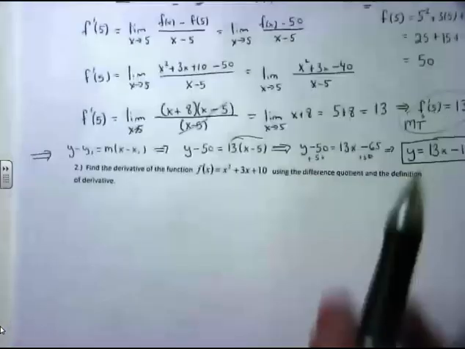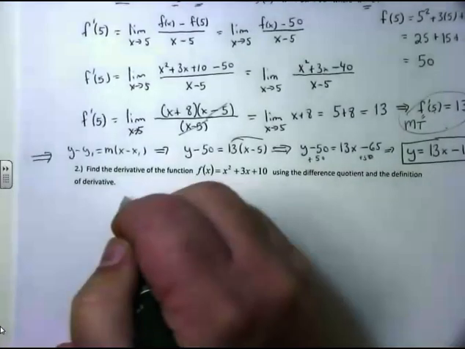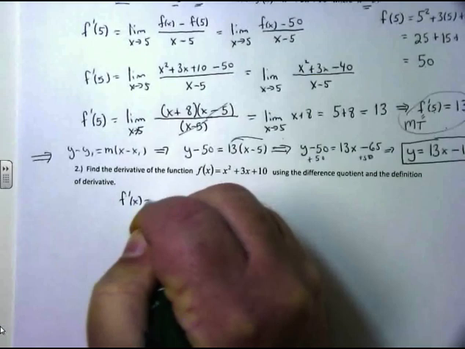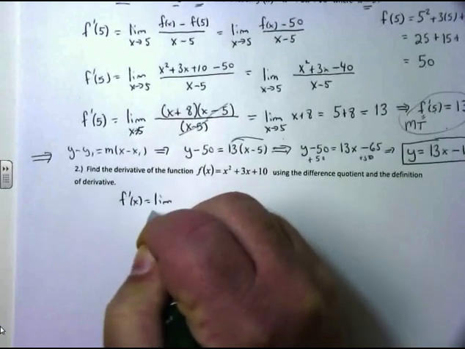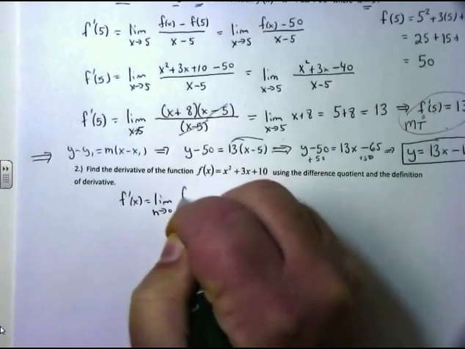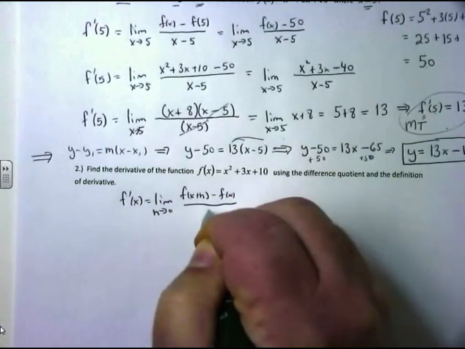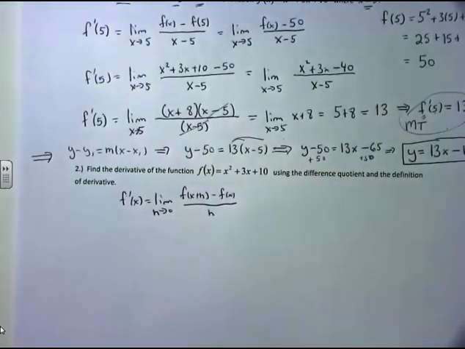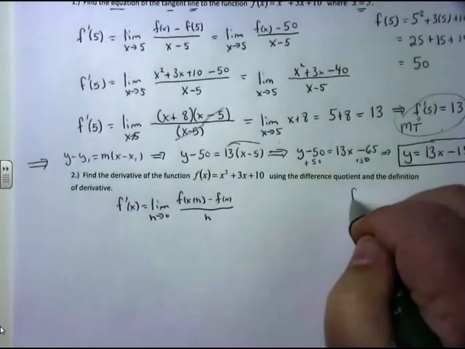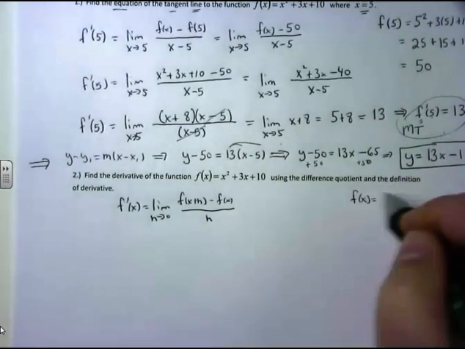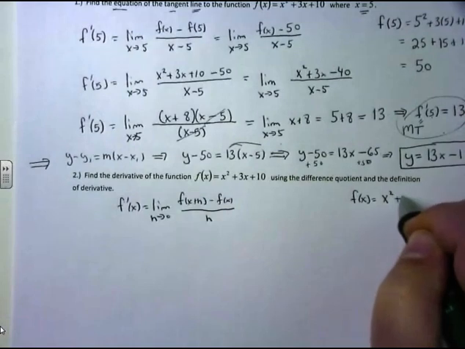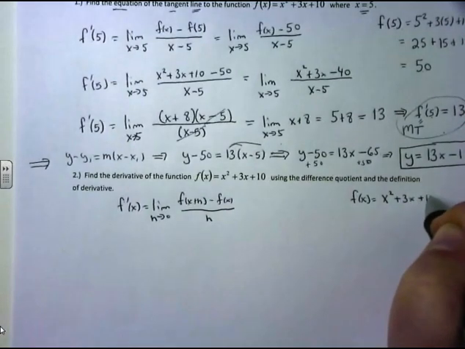So, writing it down here, f prime of x is equal to the limit as h goes to 0 of f of x plus h minus f of x all over h. A couple of things. First off, what was f of x? Well, they gave me that. That was my x squared plus 3x plus 10.